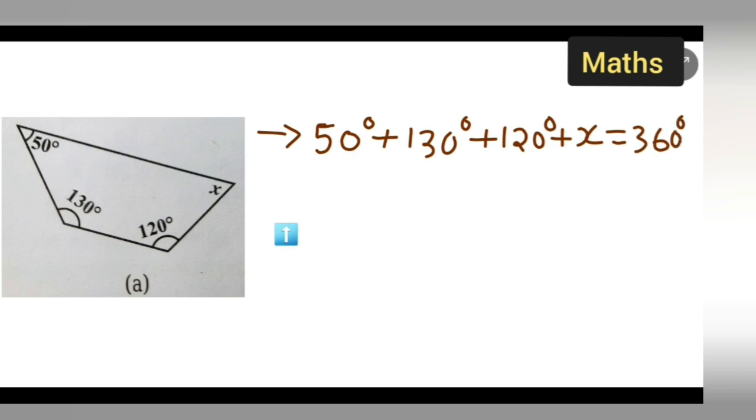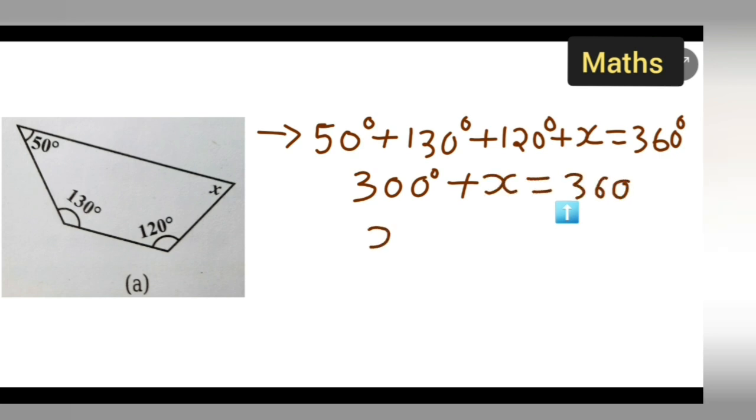Now add this, what will you get? 50 plus 130, it will be 180. 180 plus 120 will give you 300. So write down 300 degree plus x is equal to 360.